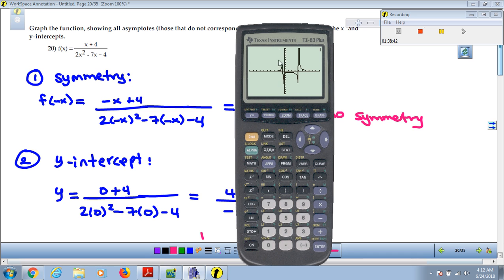So this is one vertical asymptote at -1/2, at 4. Here is another one. Let's go to the table. At 4, it says that there is an error. Oh yeah, because that's where the vertical asymptote is. -4 says that there is a 0 and it's an intercept.